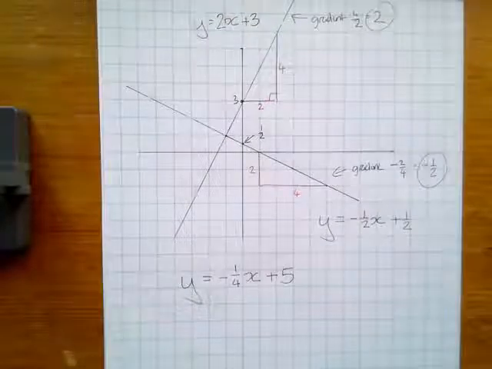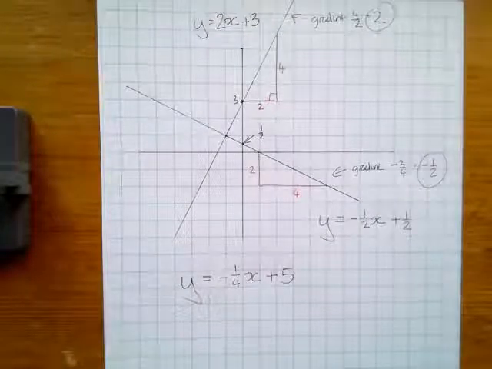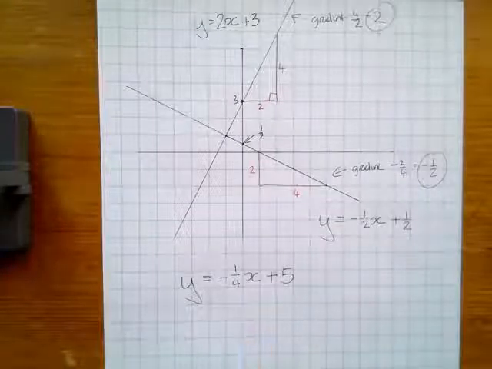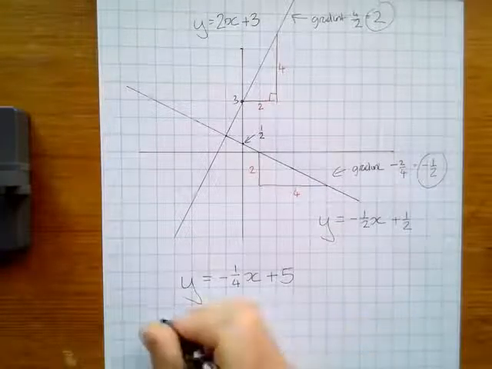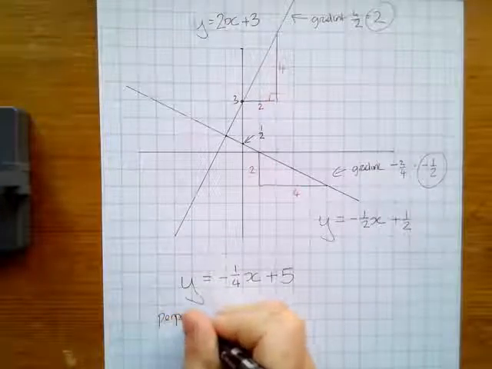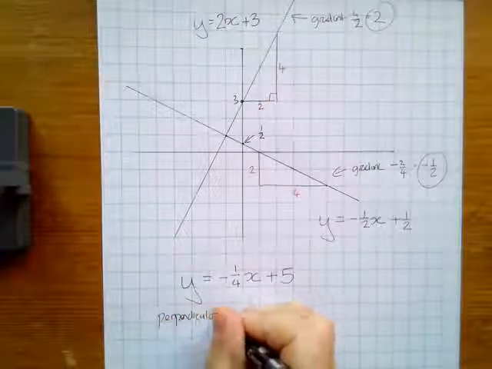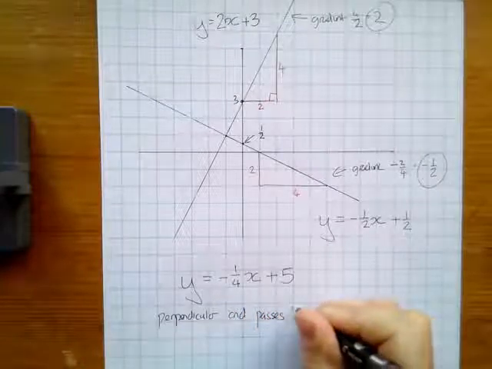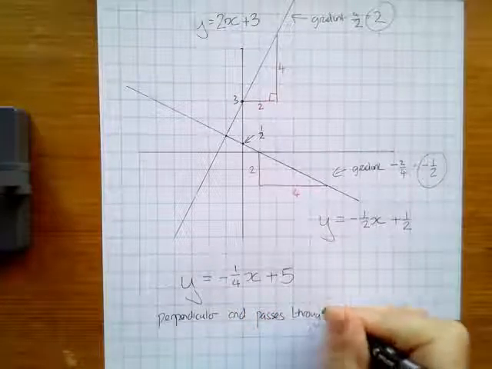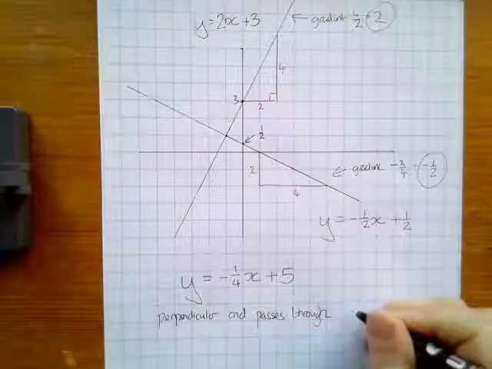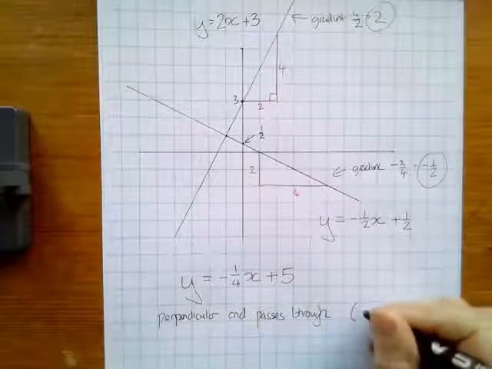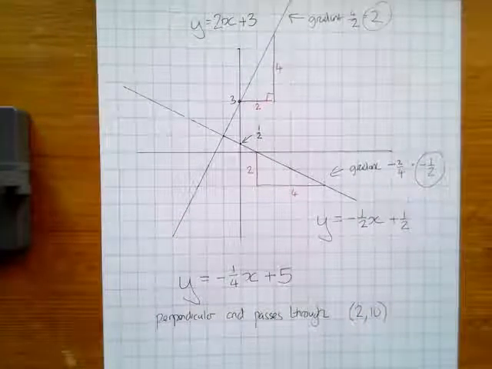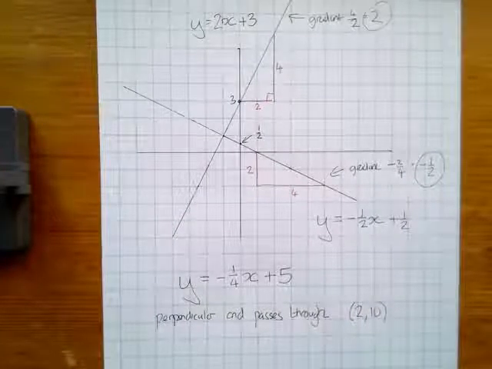And suppose I said to you, I want to find a line that is perpendicular to that and passes through, I'm just making this up, can you tell? 2, 10. So I want a line that is perpendicular to that and passes through 2, 10.